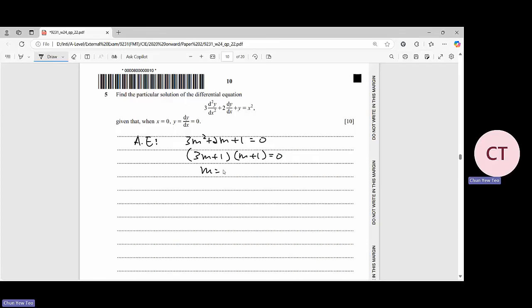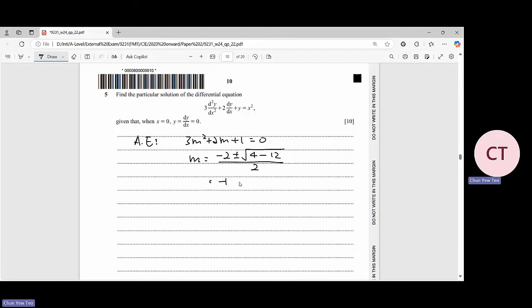You get m equals negative 1 over 3, and m equals... I make a mistake. Sorry, this one cannot factorize. This one, we need to solve it by using the quadratic formula. It will be negative b plus minus the square root of b squared minus 4ac, divided by 2a.